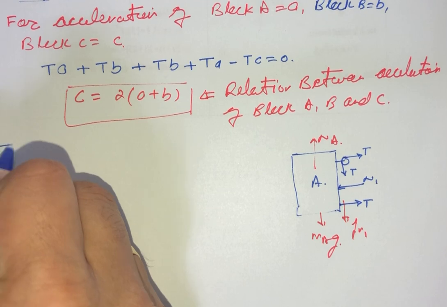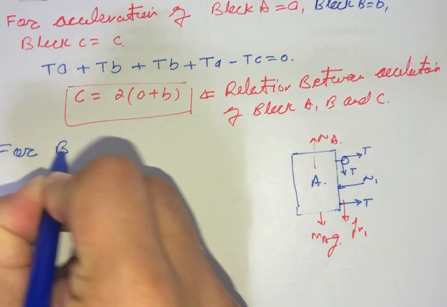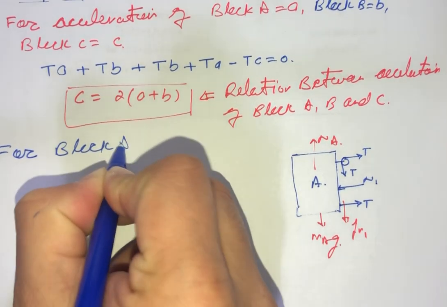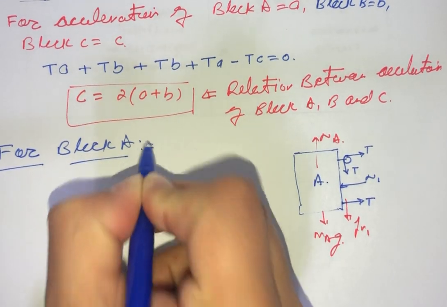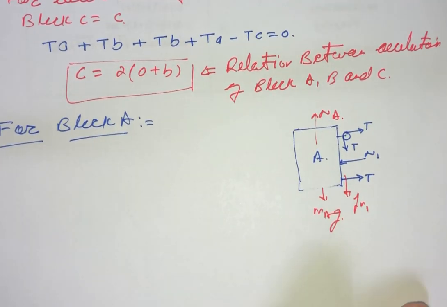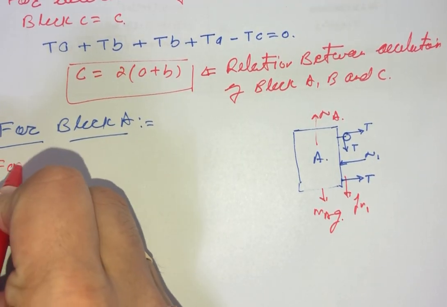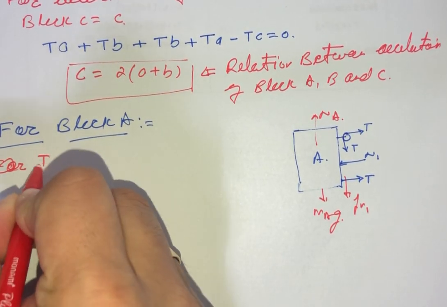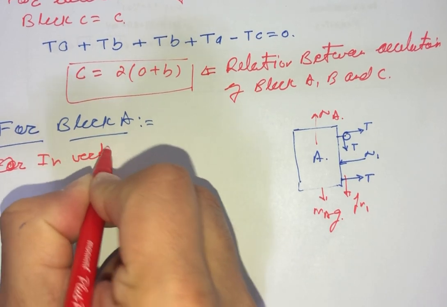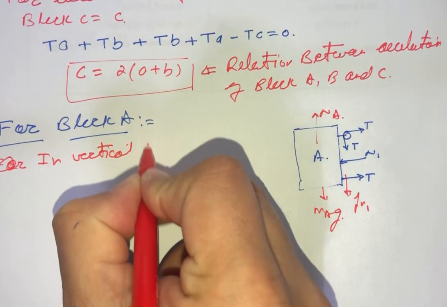For block A, let's write first for the vertical direction.